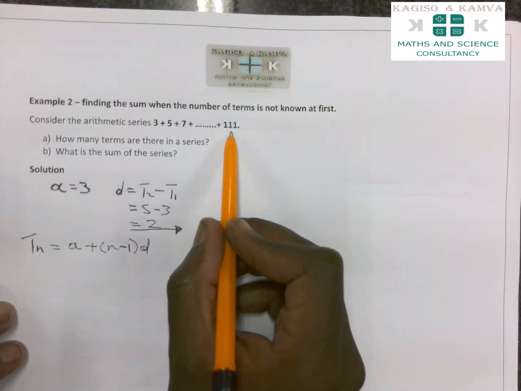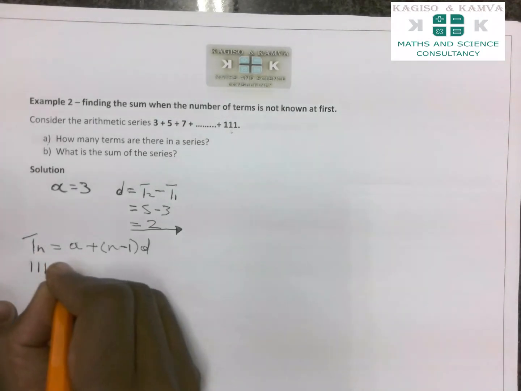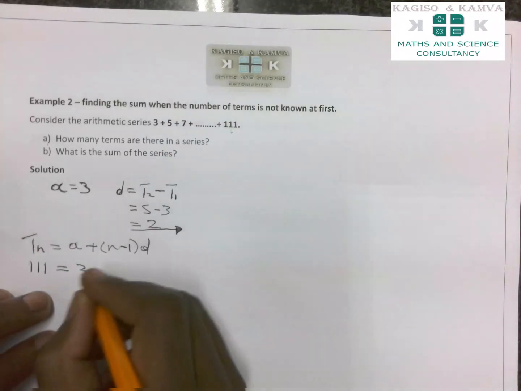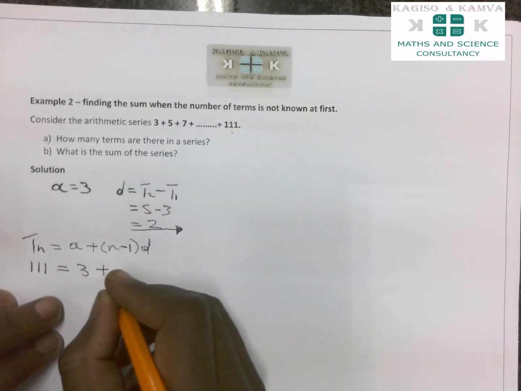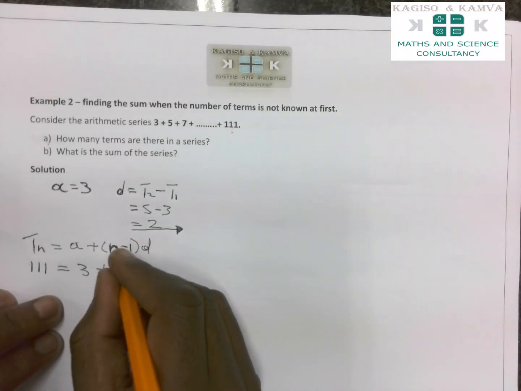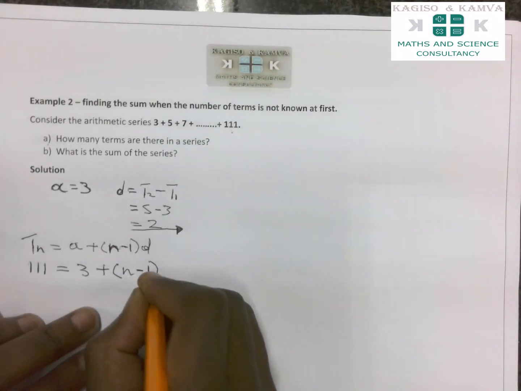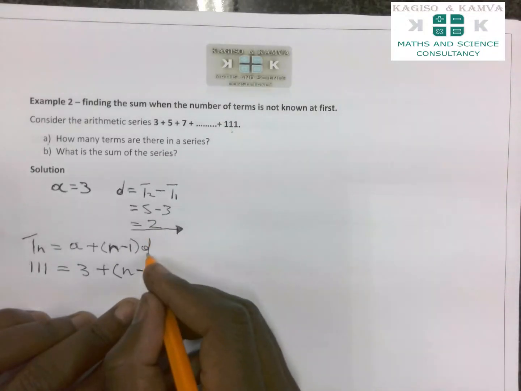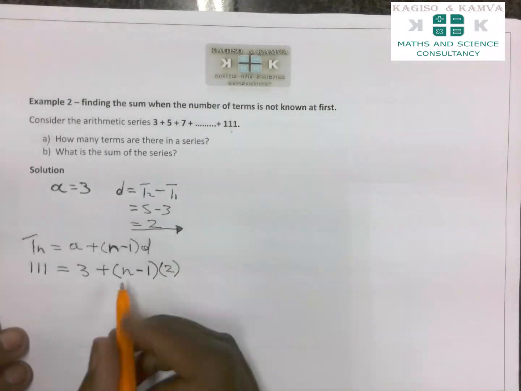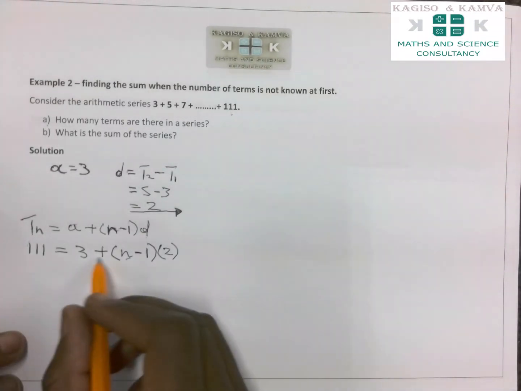Our last term is this one, so we can simply substitute it here. This is going to be 111 is equal to, we know a is equal to 3, plus, we do not know the term number, that will be (n minus 1) into the constant difference, which is 2. Then we find n.